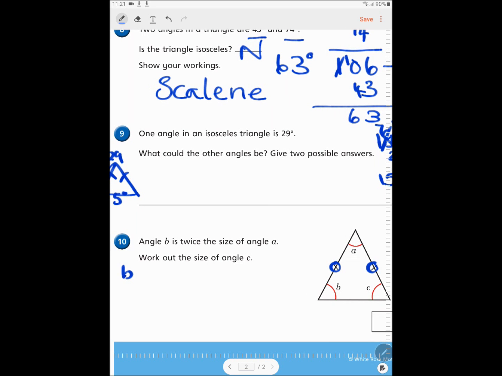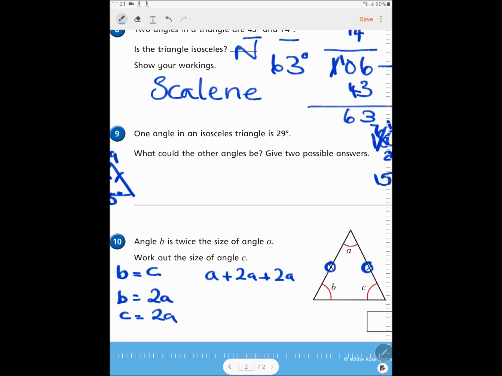So B is the same as C. Now it says angle B is twice the size of angle A. So we could use algebra here to say that B equals 2 lots of A. C would also, because I know B and C are the same, be 2 lots of A. So I can actually say that I've got A at the top plus 2A, which is the same as B, plus another 2A, which is the same as C, equals 180 in total, because I know 180 is the total of all internal angles in a triangle.